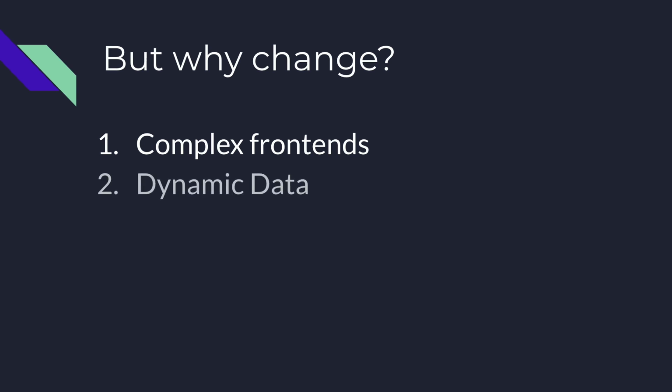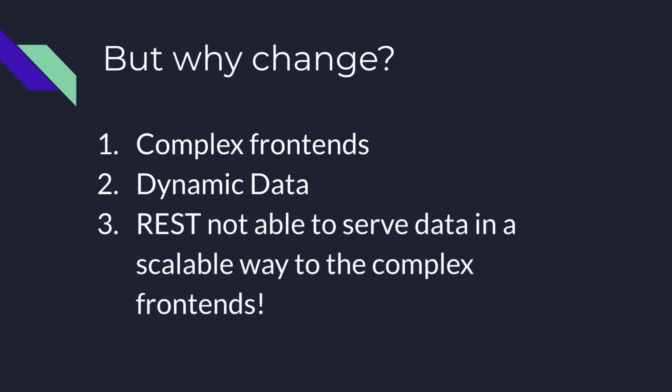Also, there is too much dynamic data, right? So maybe REST, which was designed around 2000, is now not able to scale up to the needs of complex front ends and dynamic data. So let's discuss some of the challenges which GraphQL helped me overcome, which I was finding trouble with using REST.